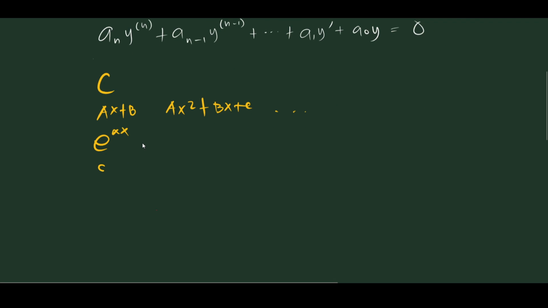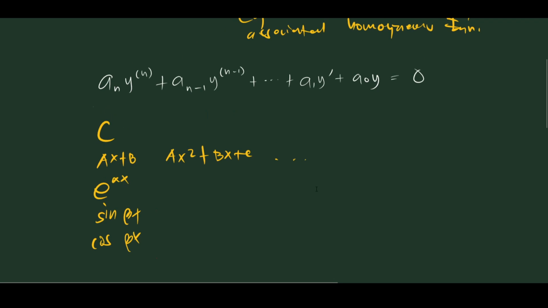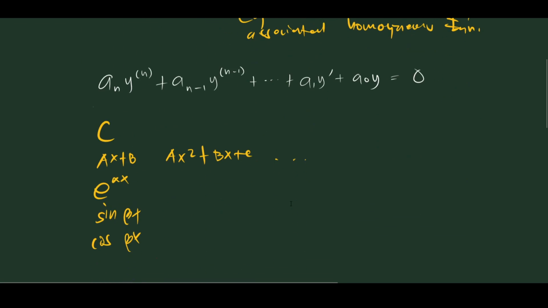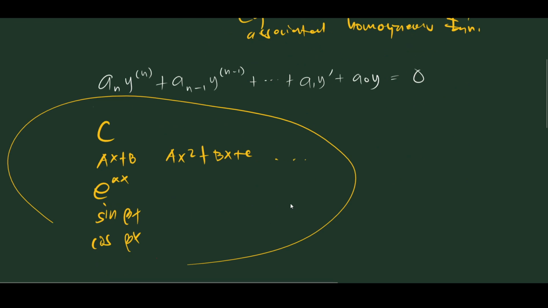We also have the sine function, sine beta x, and also the cosine function, of the form cosine beta x. So you can only use this method of undetermined coefficients if g of x is a finite sum or product of these different function types.